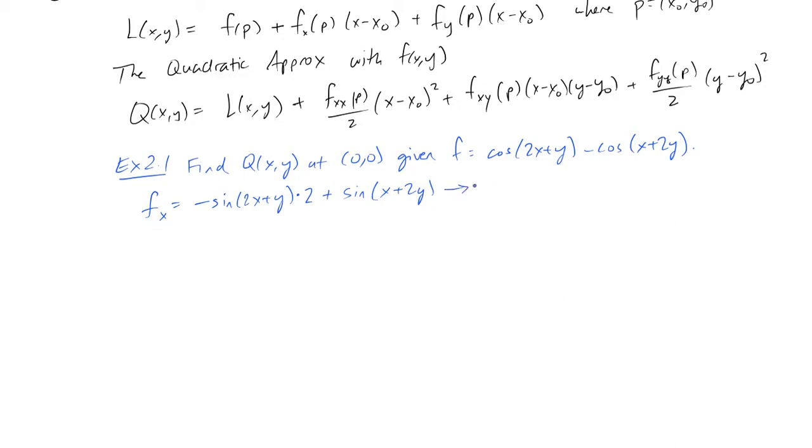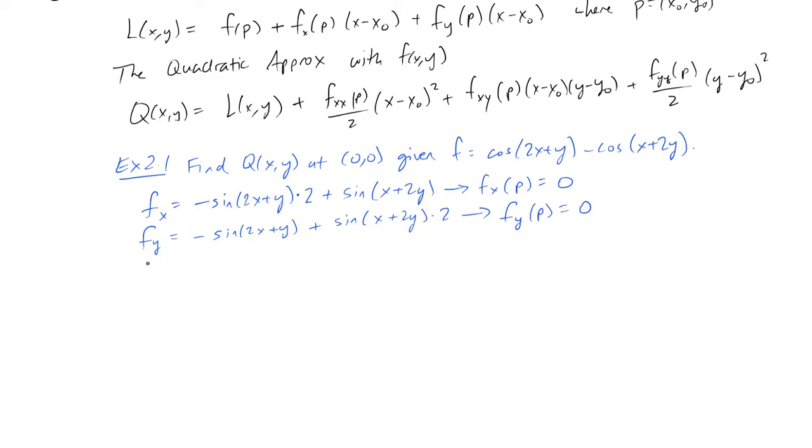And if we evaluate this at the point, we're going to get sine of 0 and sine of 0, those are 0, so this is 0. That's nice. And the derivative with respect to y is going to be really similar, except you're not going to get a 2 because the coefficient of y is 1 here, and you will get a 2 here. And the derivative with respect to y at the point p is also 0.